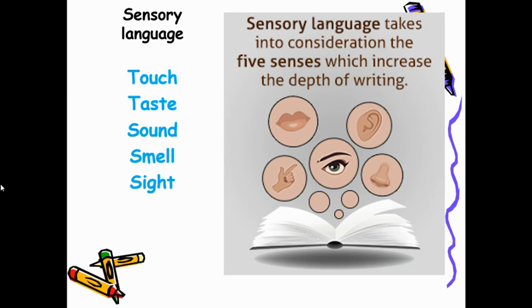Smell then, it might be smelly, sweet, again similar to taste. Smell might be something that is positive or negative. Sight then again is looking at what do you see. So colorful, bright, dark, all the different colors you could list. Tall, small, round. Okay, so lots of different things that you could use there.